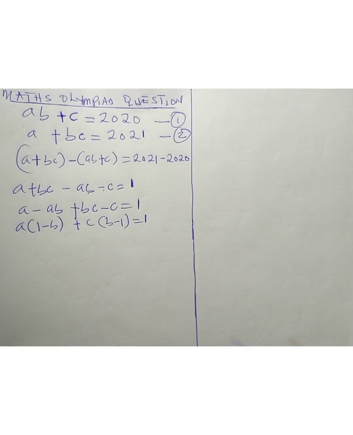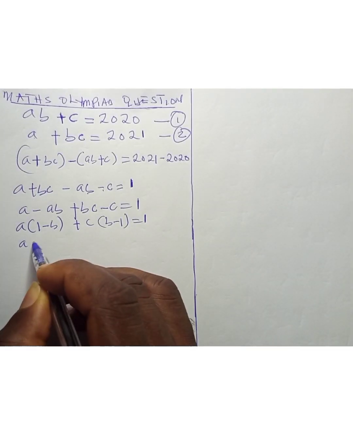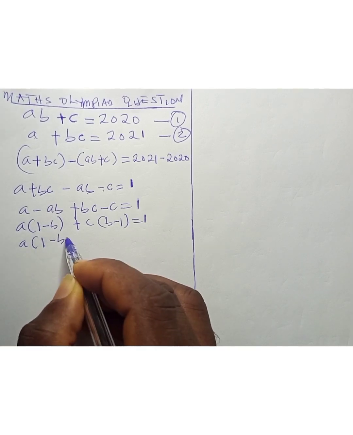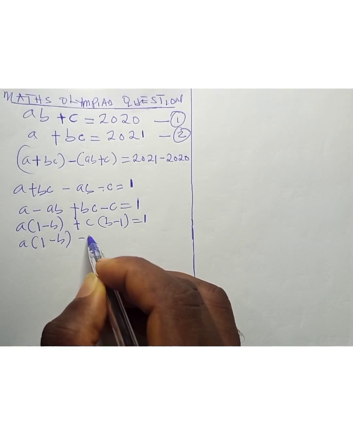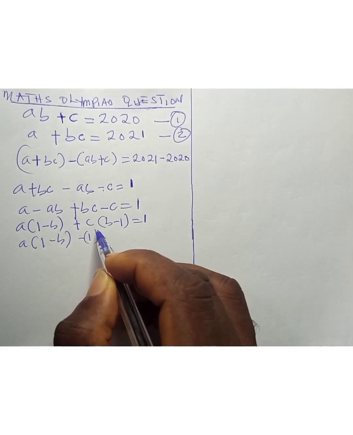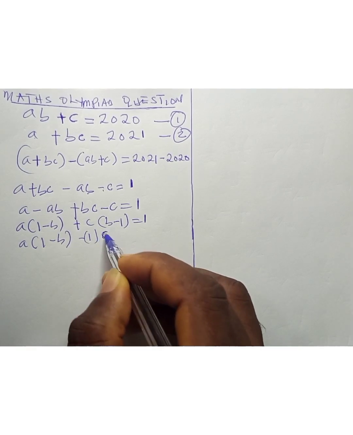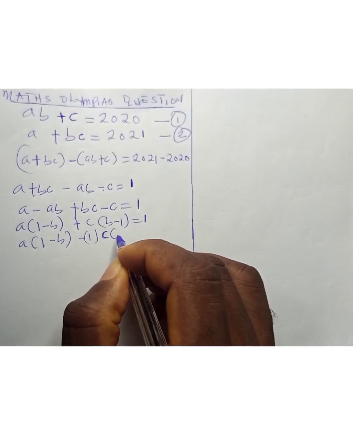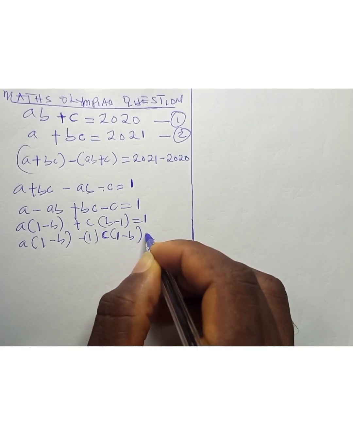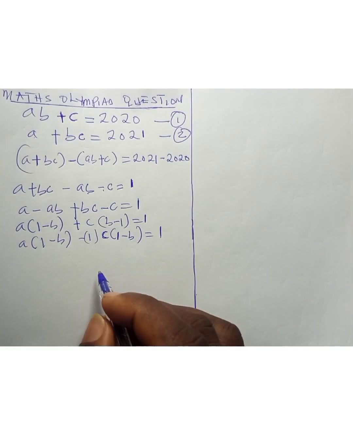So what are we going to do now? We're going to have A(1 minus B), then minus C(1 minus B) equals 1, just to make it be in the same sign.